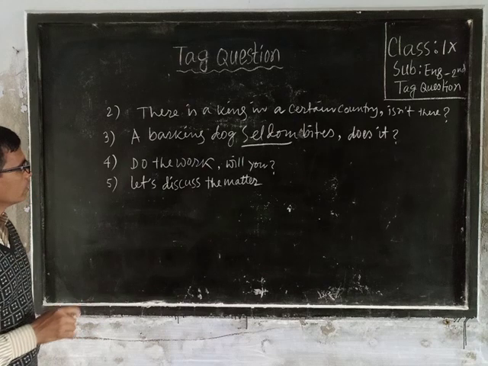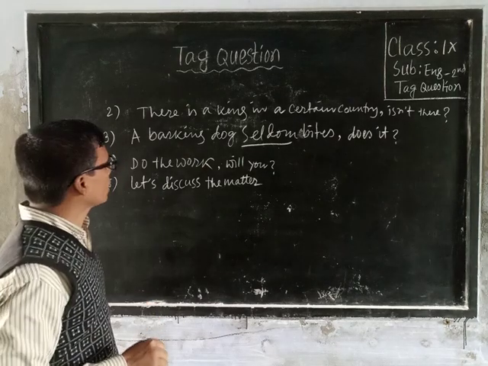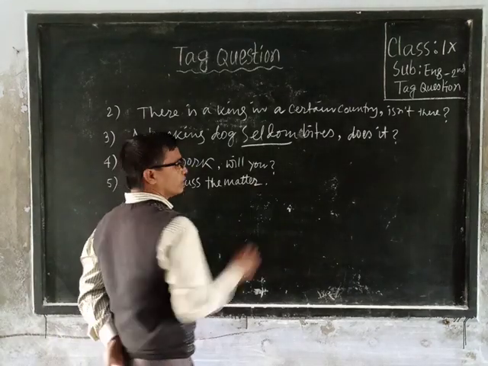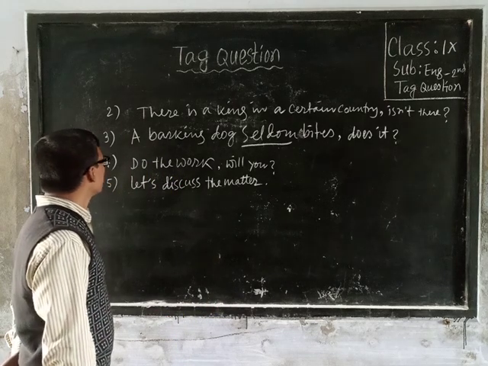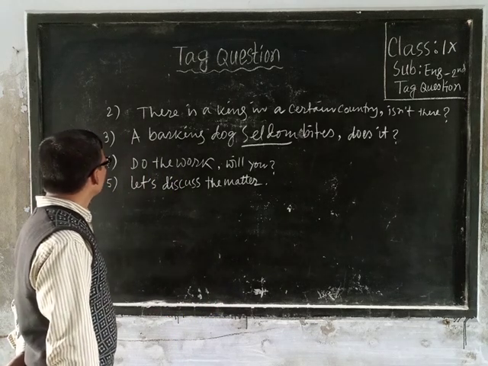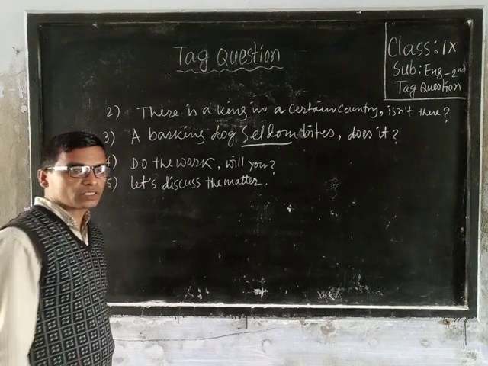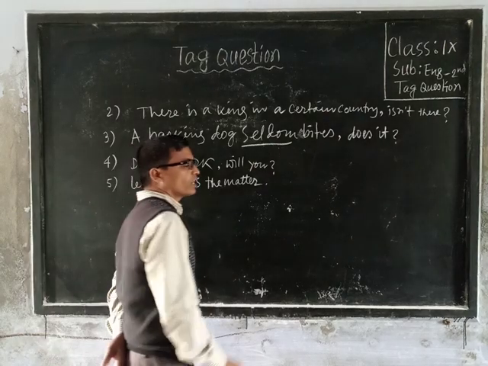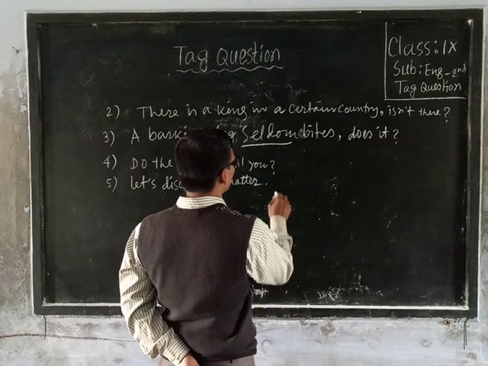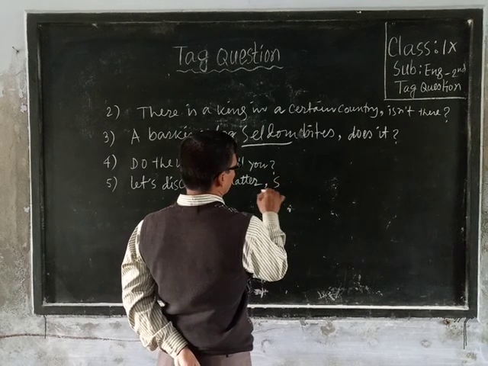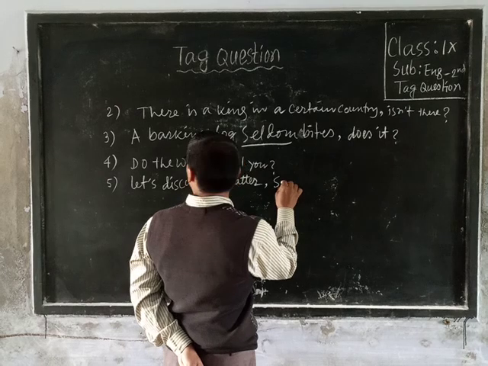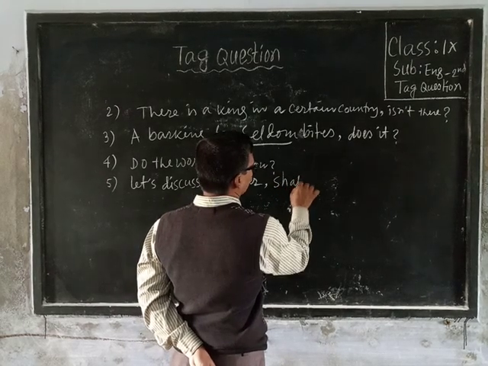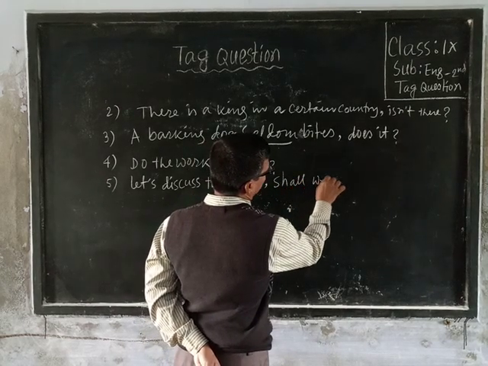Let us or let's discuss the matter. So dear students, when you see the sentence is started with "let us", we will use "shall we" here, and before that you have to put a comma. Shall we.